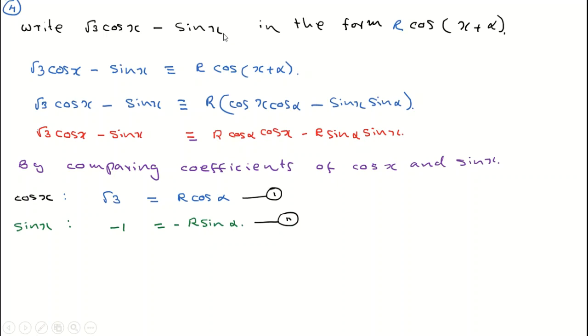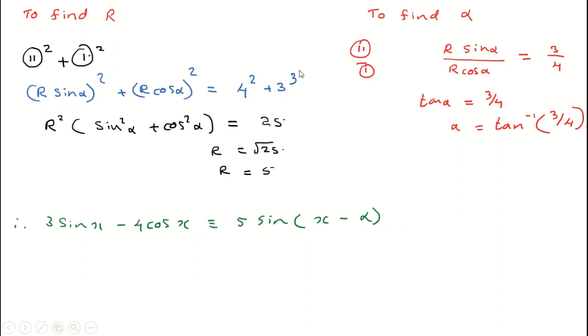Right, this is not 3 cube, this is a mistake, this is 3 squared. So r squared is common here, take it out, sin squared alpha plus cos squared alpha, 25 here, then r is equal to 5.